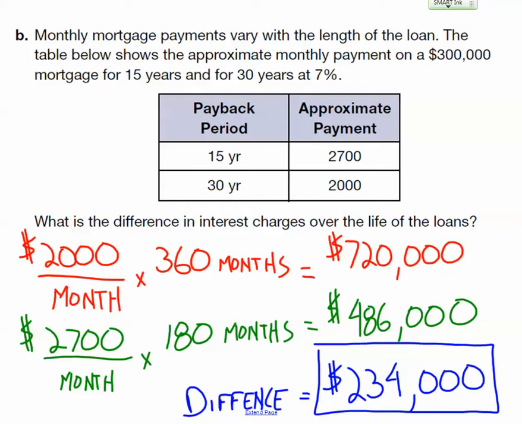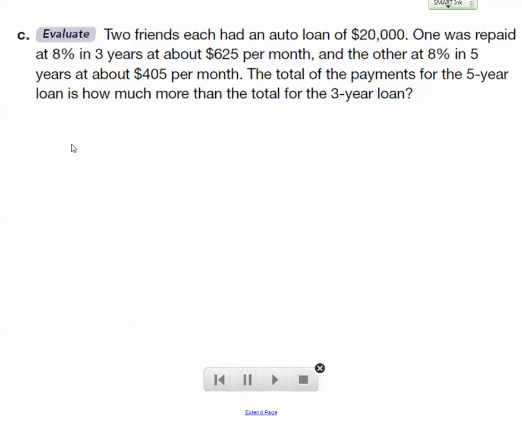It's kind of important. Okay, two friends each had an auto loan, $20,000 cars they're buying. One was repaid at 8% in 3 years at about $625 per month, and the other one was 8% in 5 years at $405 per month. The total of the payments for the 5-year loan is how much more than the total for the 3-year loan? So we need to figure out the total for each one.